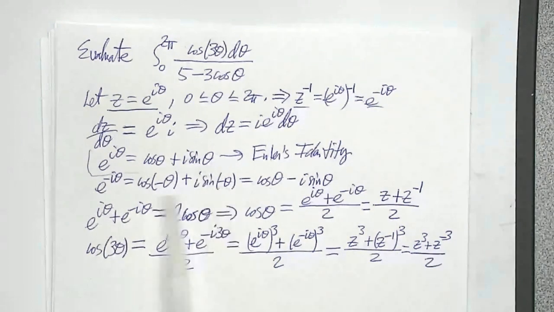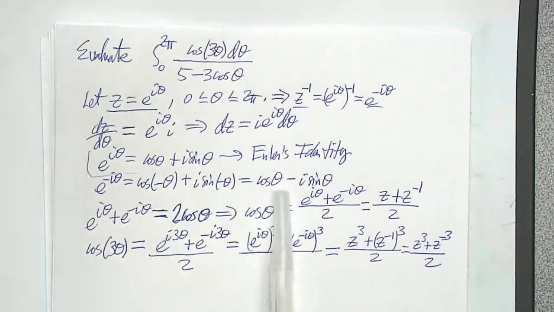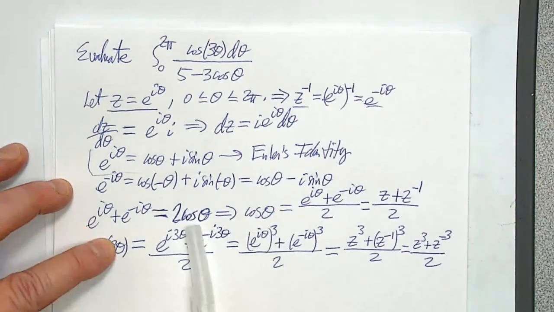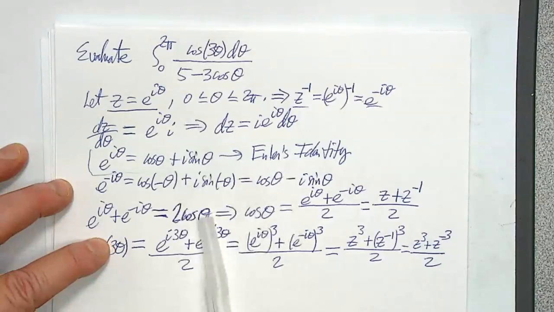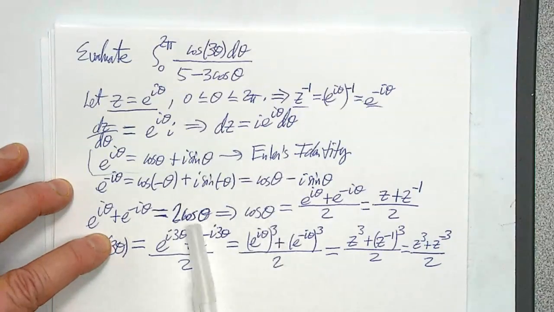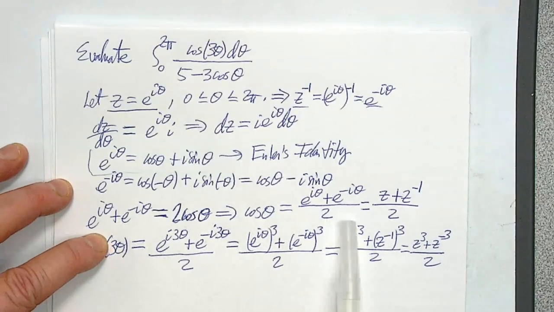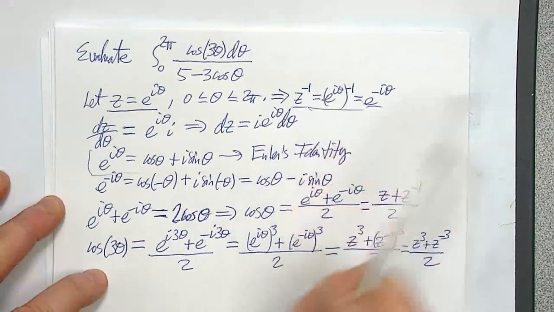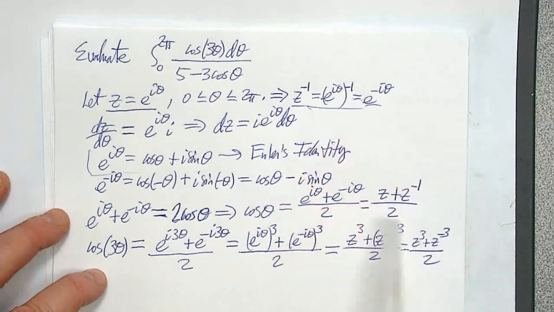Then, based on Euler's identity and the fact that cosine is even and sine is odd, we get 2 times cosine theta equals this, and cosine theta is equal to this, which is the same as z plus z to the minus 1, based on what we figured out up here, over 2.